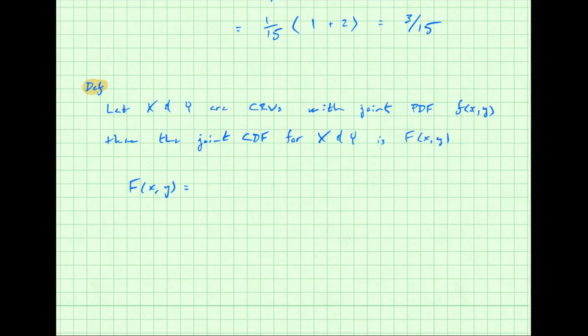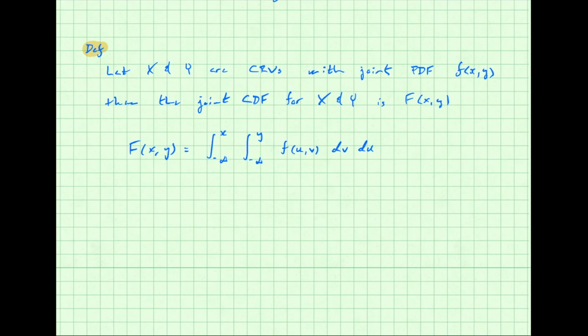I don't know. It looks okay to me though. Integrate from minus infinity up to x. I'll go for the old school notation here. And integrate from minus infinity up to y, f of u and v. And then we've got to get these in the right order. So this is dv du. Right, so the v is the y integral and the u is the x integral.